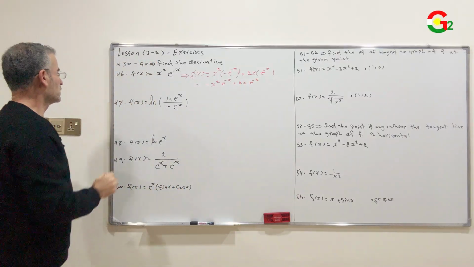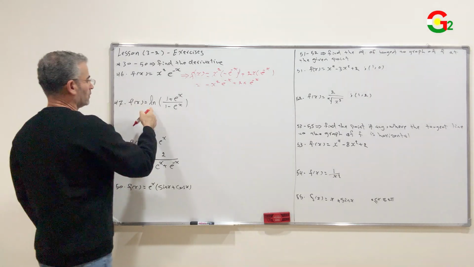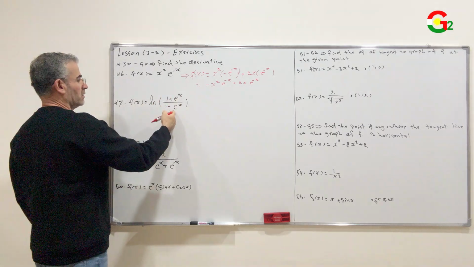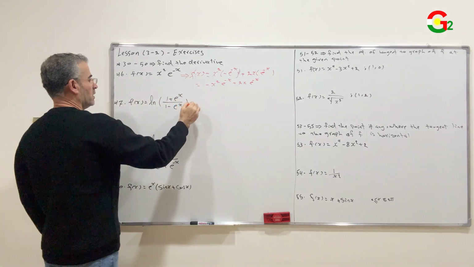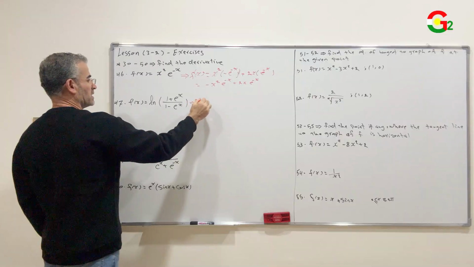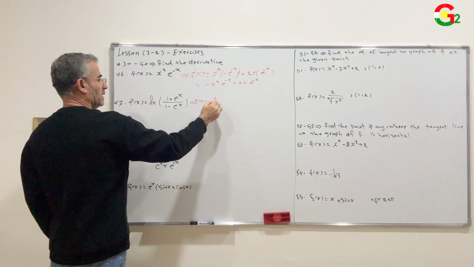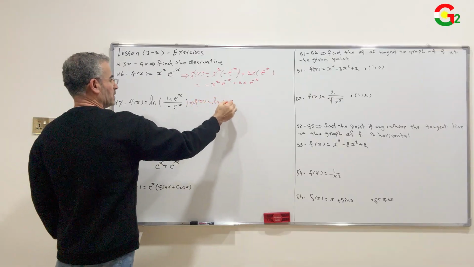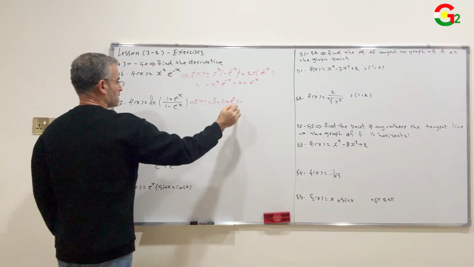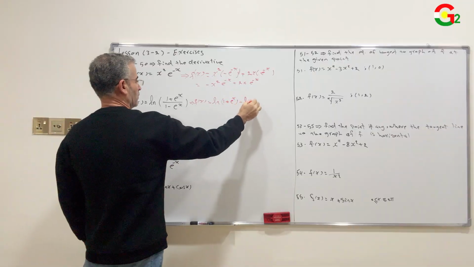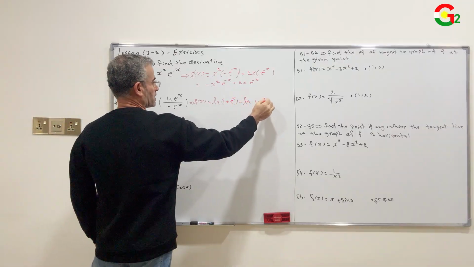Question number 47, f of x equals ln of 1 plus e to the x over 1 minus e to the x. Rewrite this function as f of x equals ln 1 plus e to the x minus ln 1 minus e to the x.